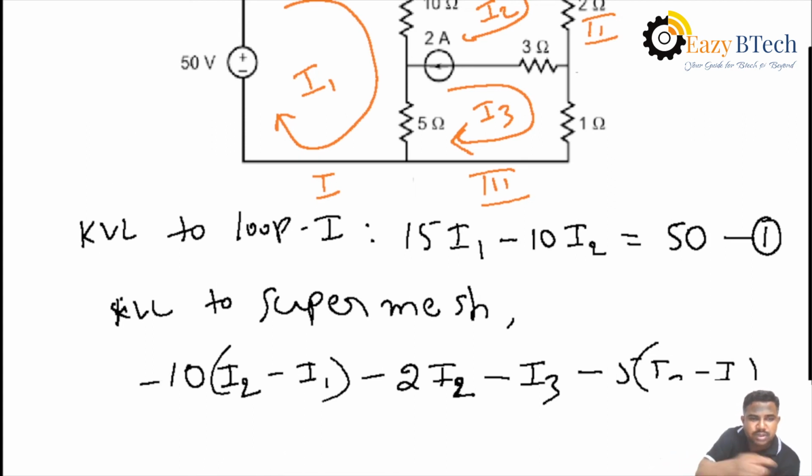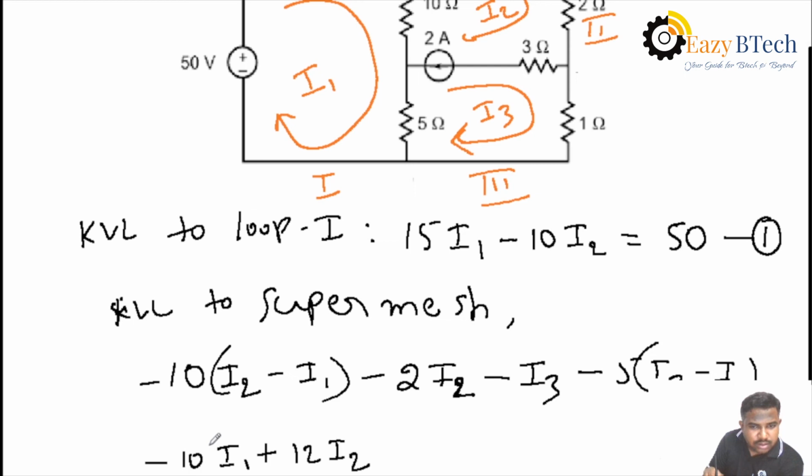You can simplify the above equation. That means minus 10 into I1 plus 10 plus 2, that is 12 into I2, and also we have the 5 ohms.